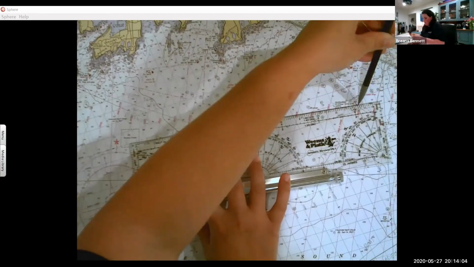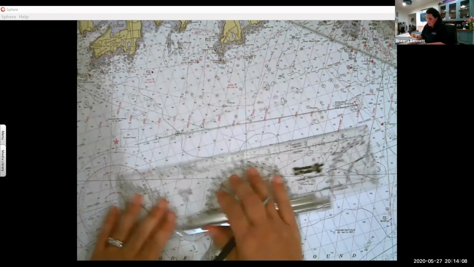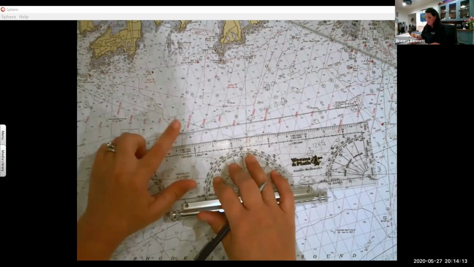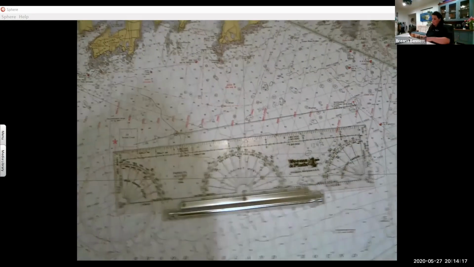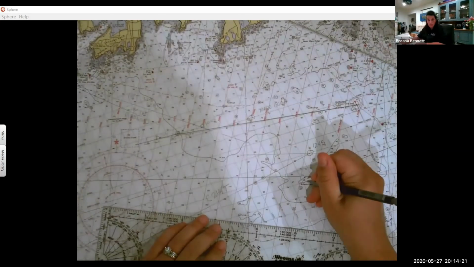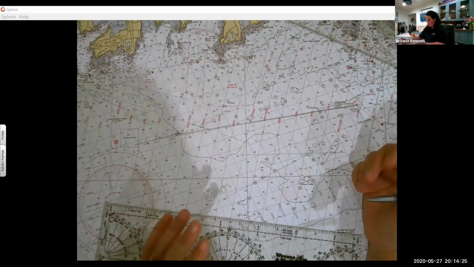Which is very close, as you can see, to my, I shouldn't have picked Brenton Reef. I should have picked something down here, Brown's Ledge or something. That would make a better triangle.